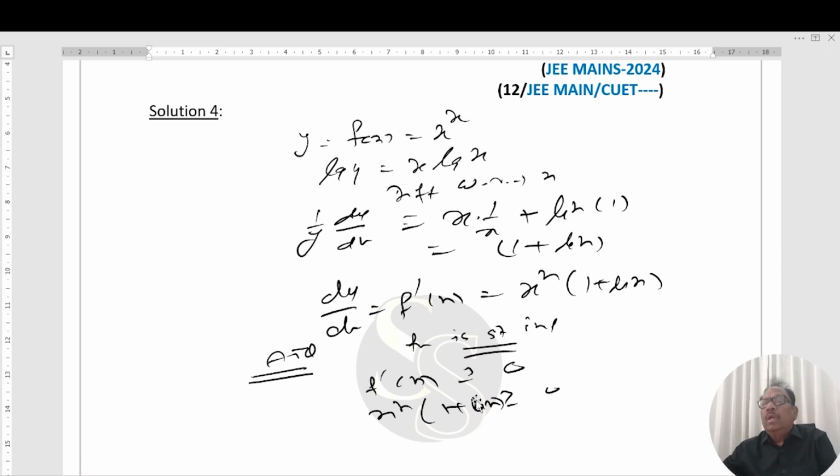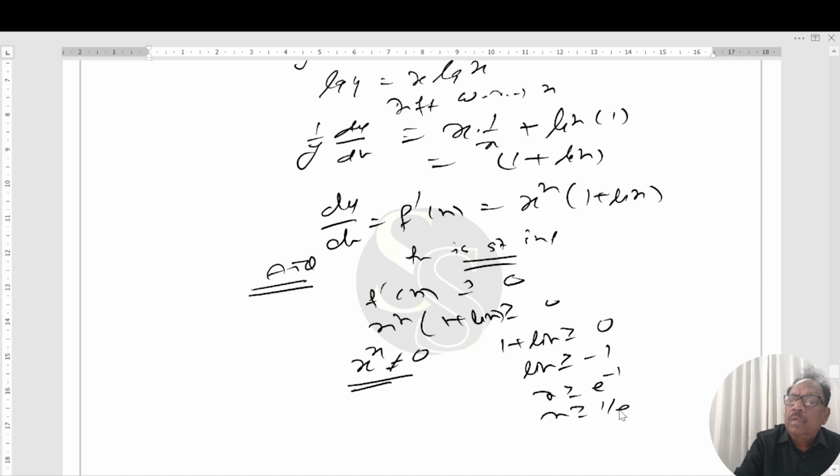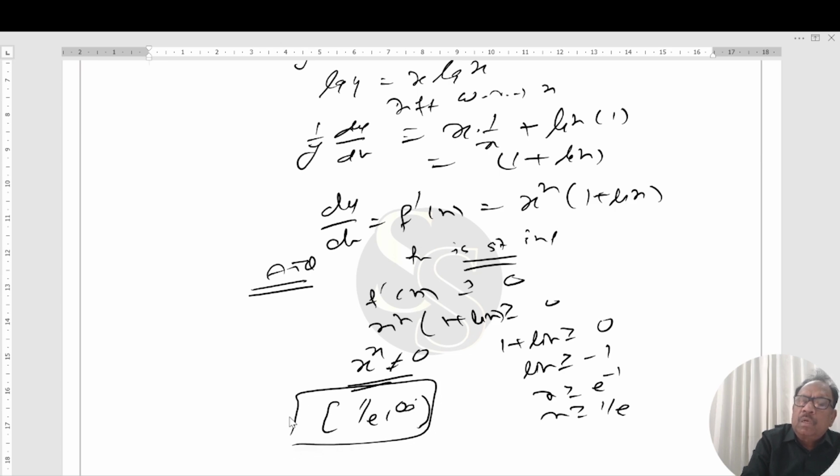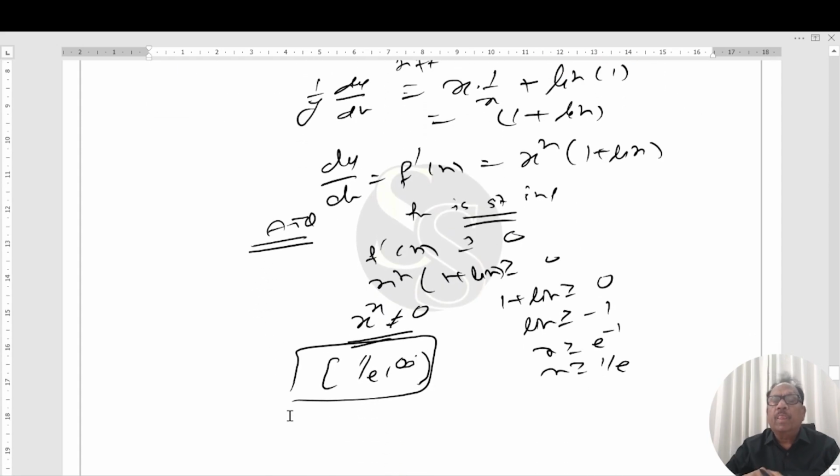Now, as x power x cannot be 0 for any value, for x greater than 0, 1 plus log x should be greater than or equal to 0, or log x should be greater than or equal to minus 1, x should be greater than or equal to e to the power minus 1, that is 1 by e. Means 1 by e to infinity. This is the possible answer. Let's see the answer. A is the correct option.